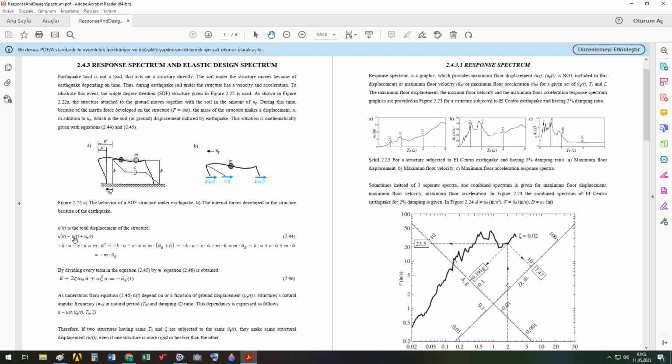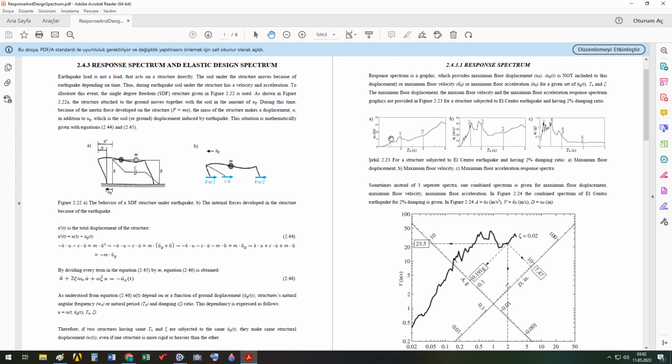And actually, this u and this u are the same. But u0 means the maximum. From the book I have taken, this index number is used, so I kept the same index. So this u and this u are the same, but for a specific earthquake.